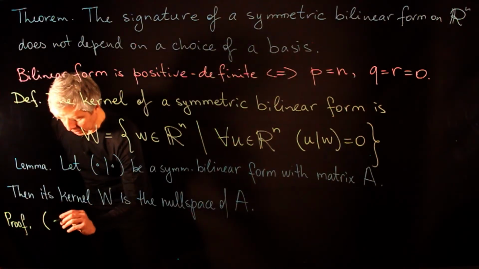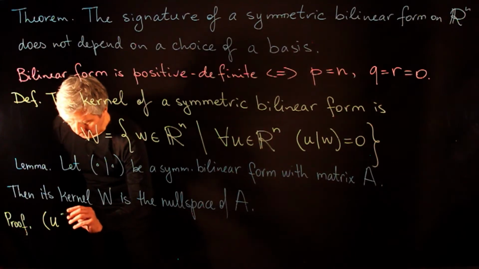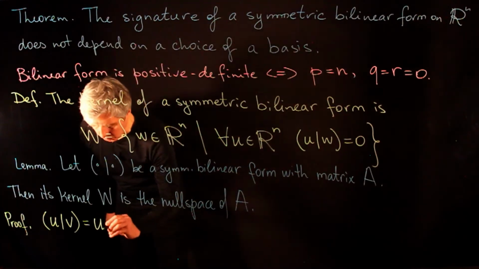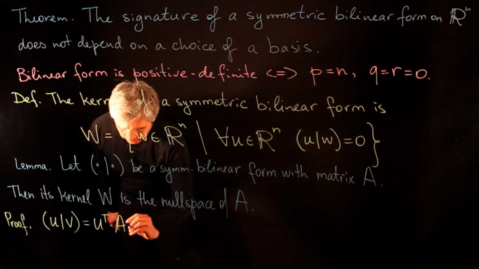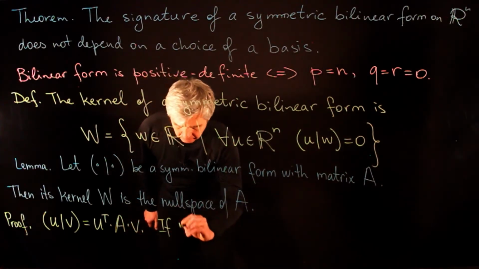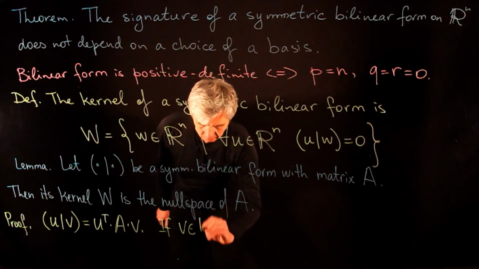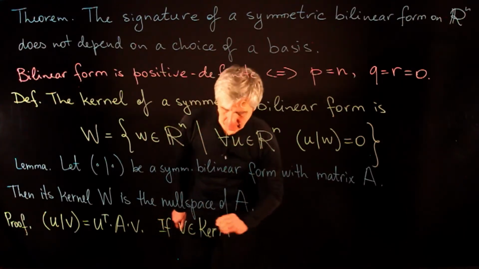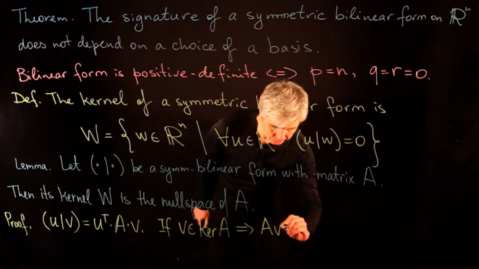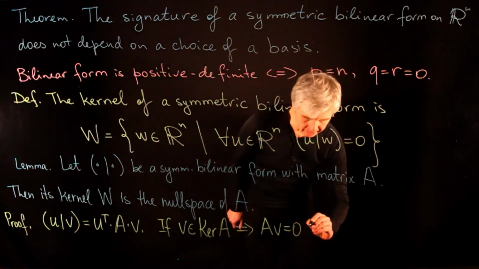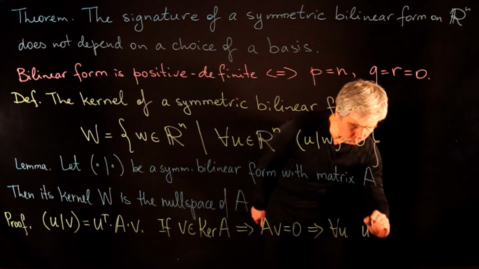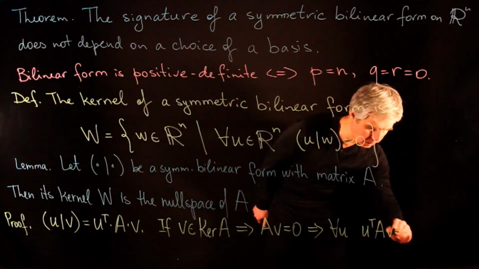The value of the bilinear form on vectors U and V is given with this matrix as U transpose times A times V. So if V belongs to the null space of A, this implies that A times V is equal to 0, and thus for every U in Rn, we'll have U transpose times A times V is equal to 0.